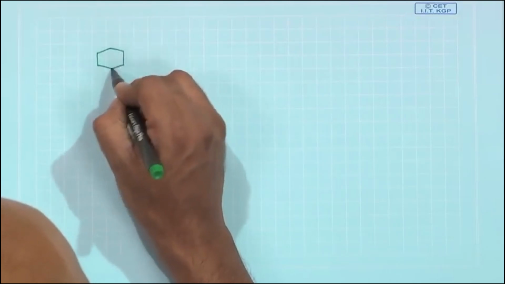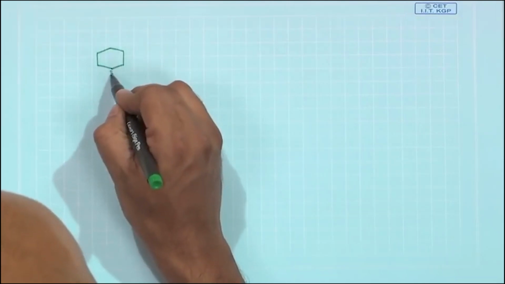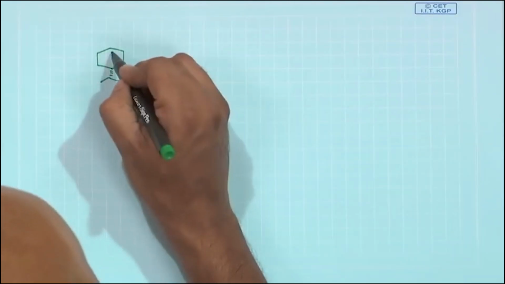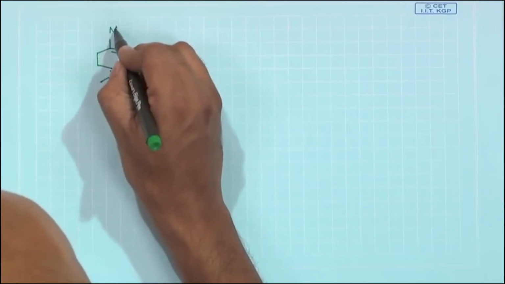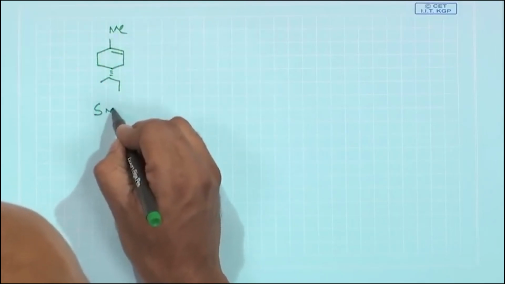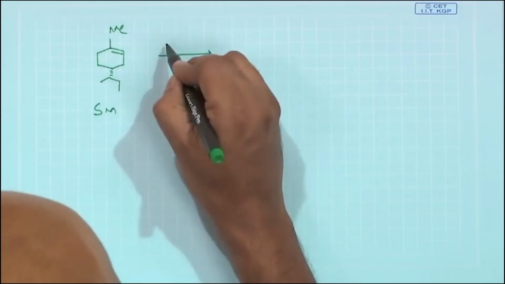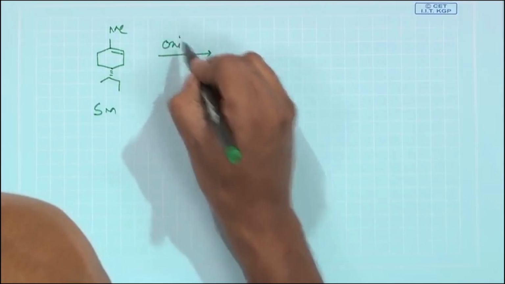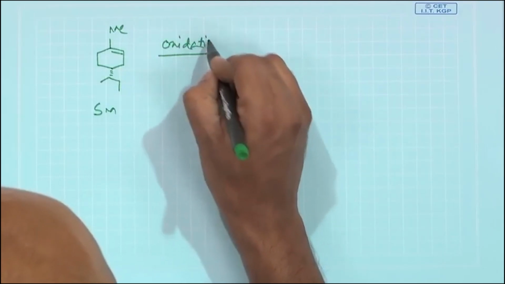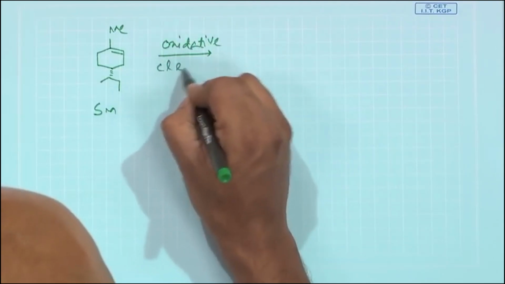So, you see, this kind of approach is absolutely simple, and if I now analyze the forward synthesis, you will see how it can be effectively constructed. Your starting material is this. In the forward pathway, we first do an oxidative cleavage of this particular double bond.